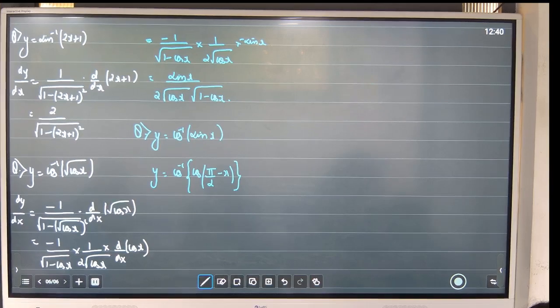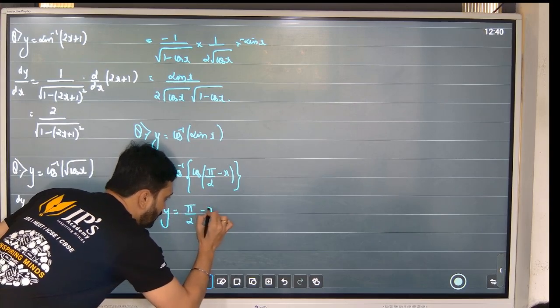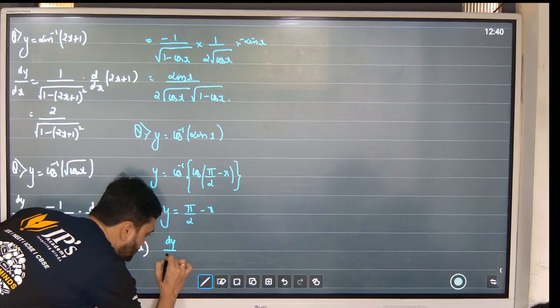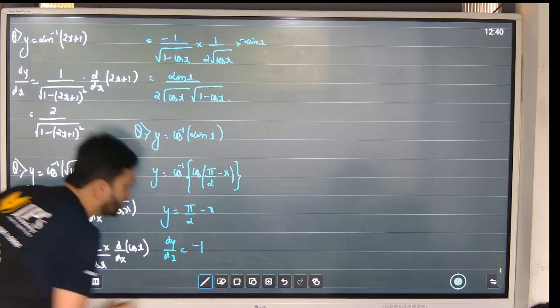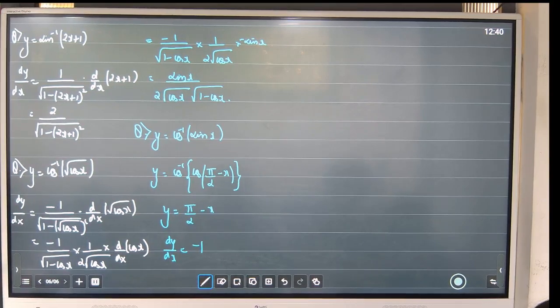Cos inverse and cos cancel out. I am left with y is equal to pi by 2 minus x. So can you tell me what is dy by dx, guys? What is dy by dx? Minus 1. Simple.